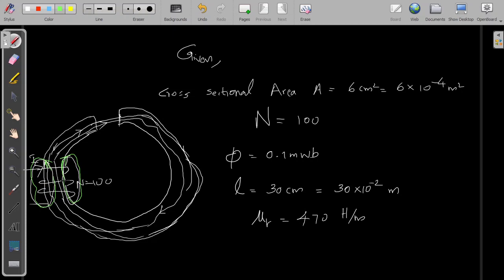If you observe, these flux lines do not pass through the entire path which is in our discussion, and this flux links only with this coil, the 100 turns.